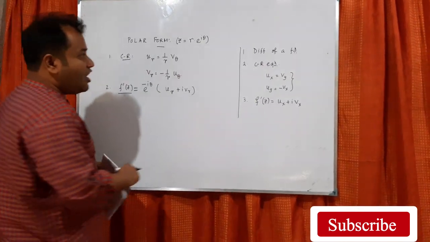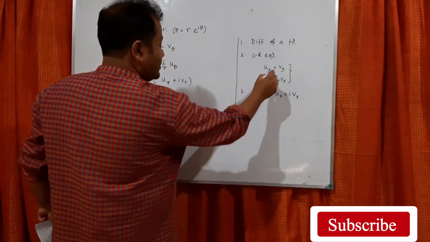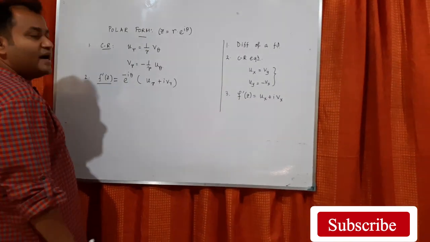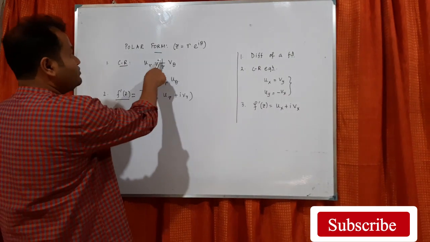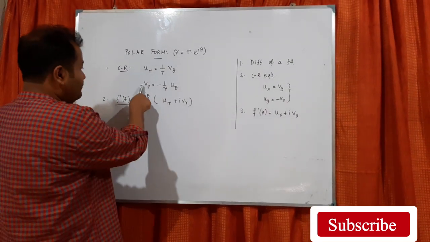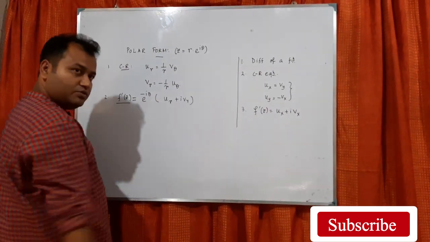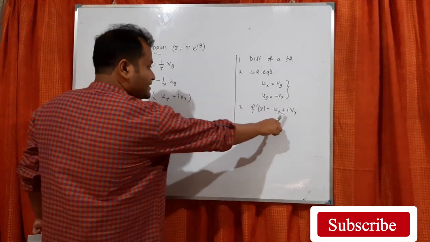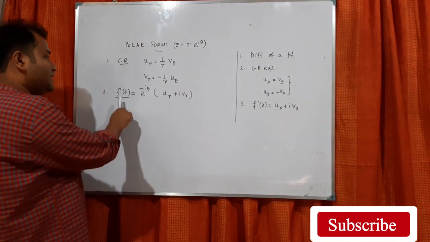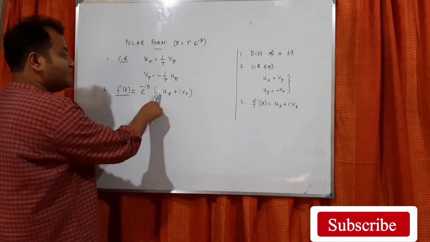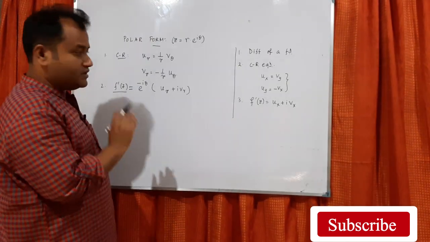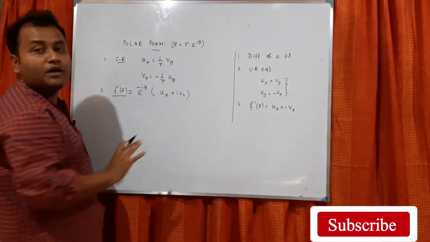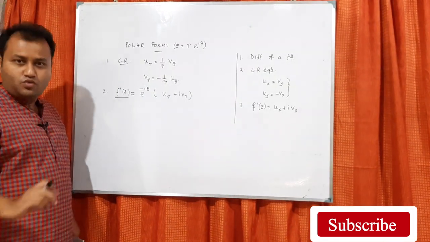In Cartesian form, CR equation is ux equals Vy, uy equals minus Vx, whereas here ur equals 1 by r v theta and vr equals minus 1 by r u theta. The derivative expression is ux plus ivx in Cartesian form, but in polar form e to the power minus i theta ur plus ivr. So these 2 you have to remember throughout the complex analysis course.